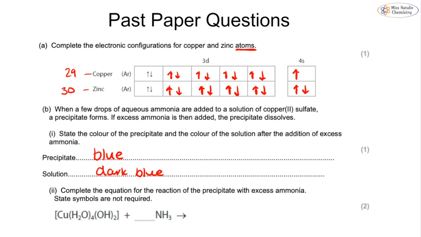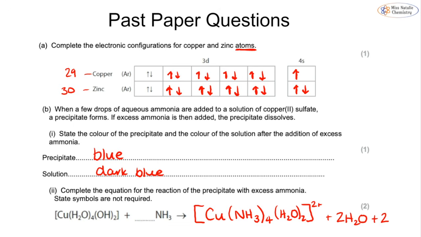So we have that copper with the 4 water ligands and the 2 hydroxides reacting with the excess ammonia, and this makes our copper with our ammonia ligands taking the place, remember, of 4 of them, plus leaving behind 2 water ligands, and that gives you a 2+ charge, and we have to show that we've lost the 2 waters and the 2 hydroxide ligands, and of course balance it out with 4.